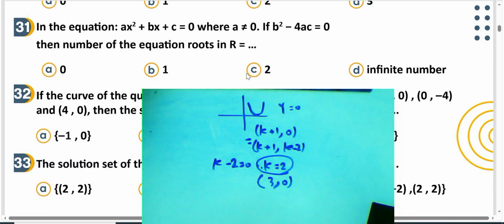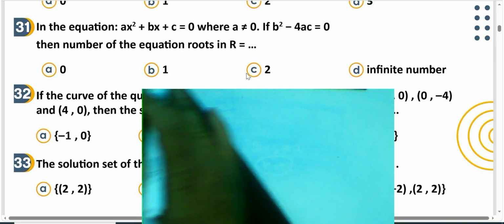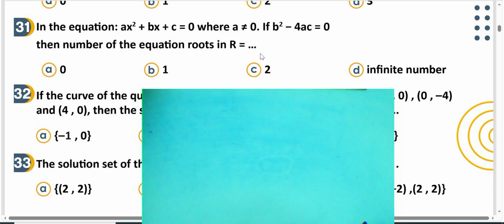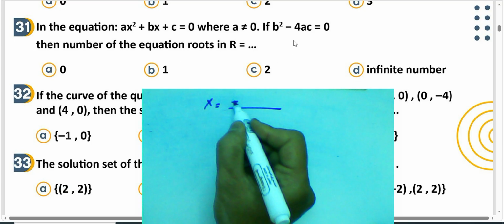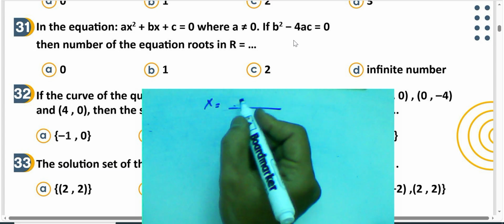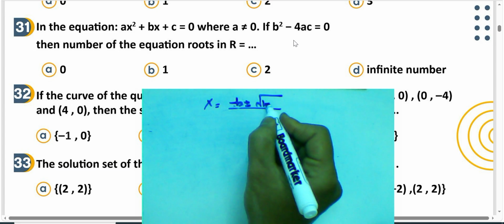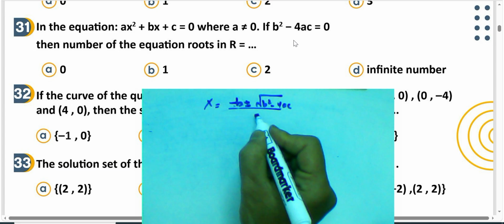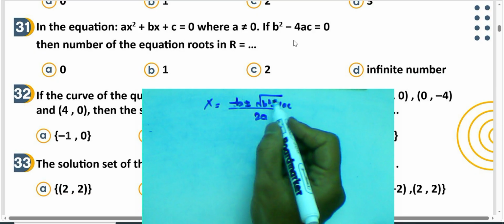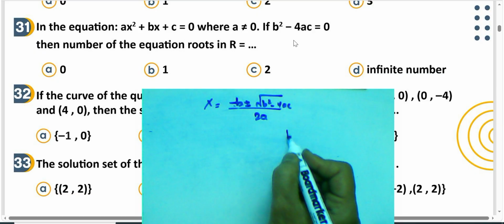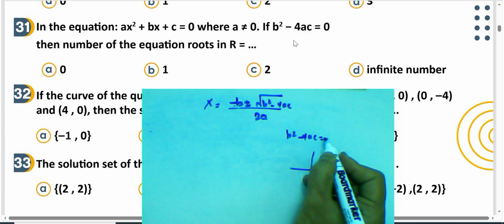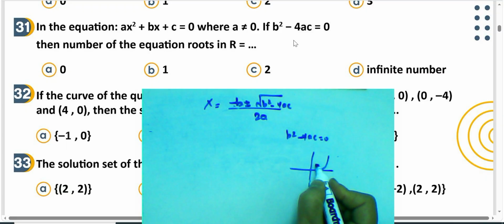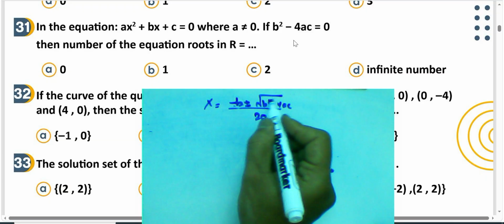The equation here, b power 2 minus 4ac equals 0. The number of solutions here will be 1. We know x equals negative b, positive or negative square root of b power 2 minus 4ac, over 2a. He tells me the expression under the square root equals 0, b power 2 minus 4ac equals 0. It means the curve touches the x-axis at 1 point, because the number under the root is 0.